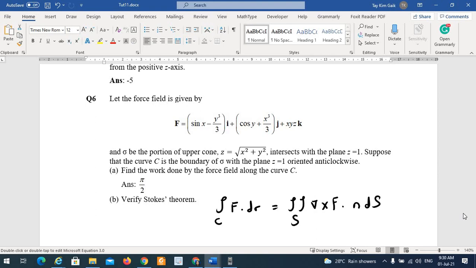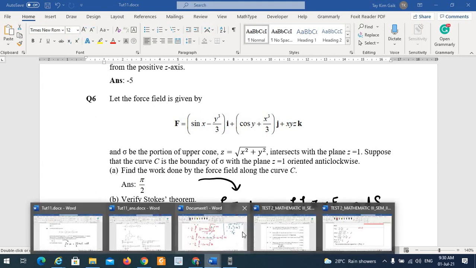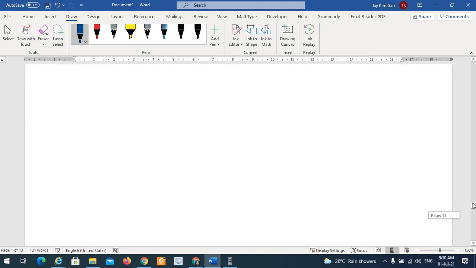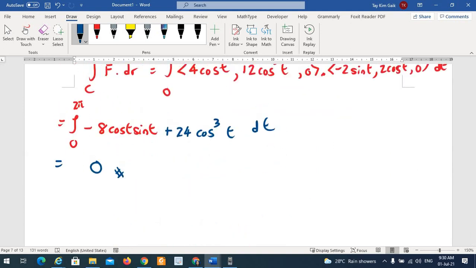The equation is verified only when you do both sides. Part A actually asks you to do the line integral F dot dr, so you have to do the right hand side too. Left side equal to right side, then verified, as what I did just now. When I do left side and right side, this is actually verifying Stokes theorem. In question 1, I showed you left side and right side, which is equivalent to verifying Stokes theorem.